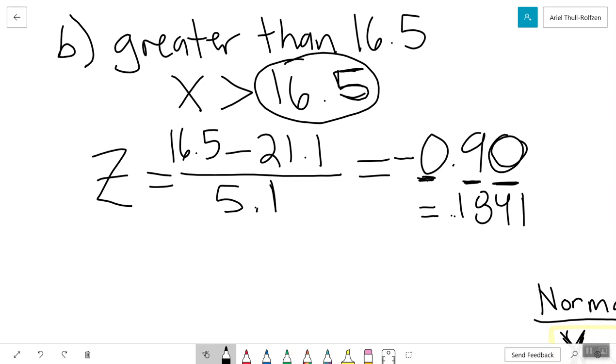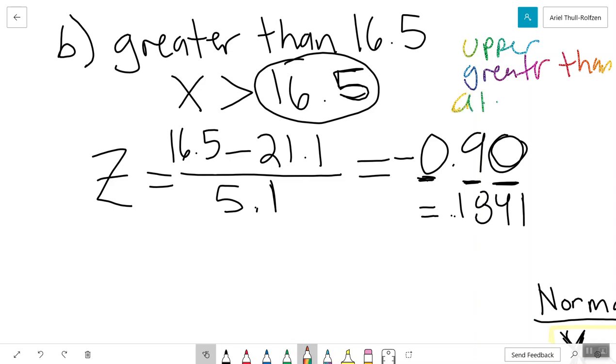But can we stop there? Remember in the last video I told you that the Z-table is set up to find less than, not greater than. So anytime you see the words upper, greater than, or above, you're going to follow this next step.